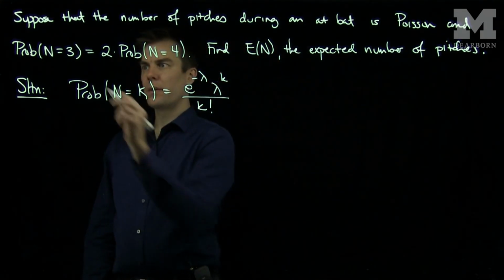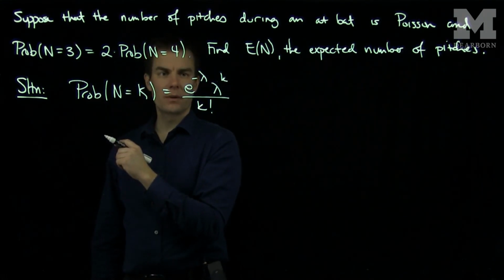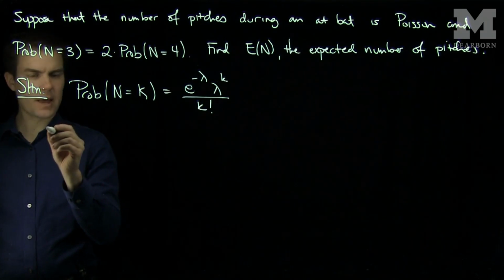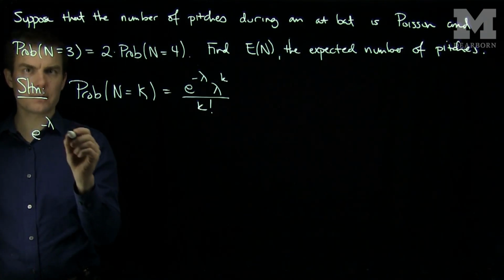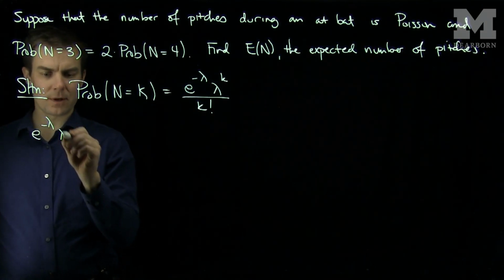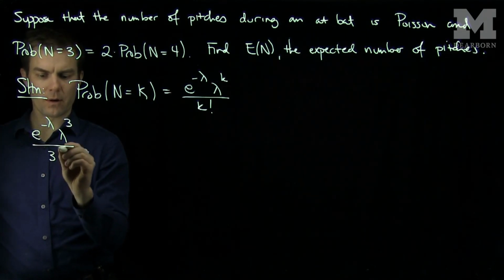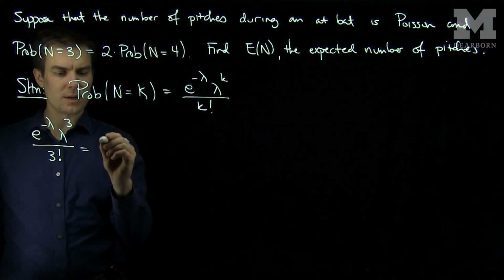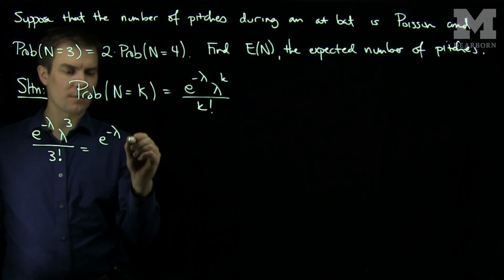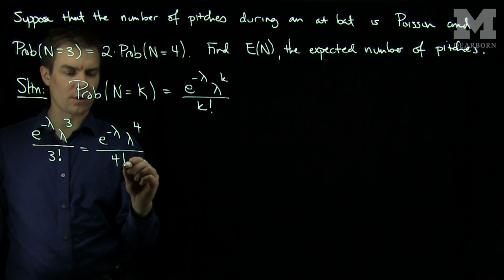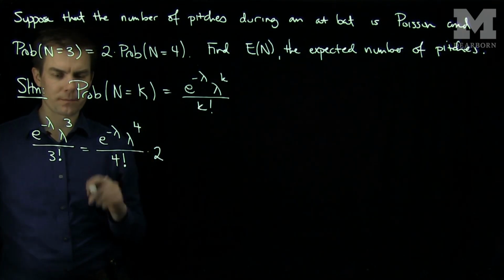We know the probability that n is equal to 3 is twice the probability that n is equal to 4. This tells us that e to the negative lambda, lambda to the third power over 3 factorial is equal to e to the negative lambda, lambda to the fourth power over 4 factorial times 2.